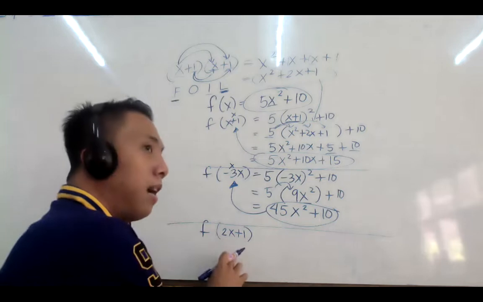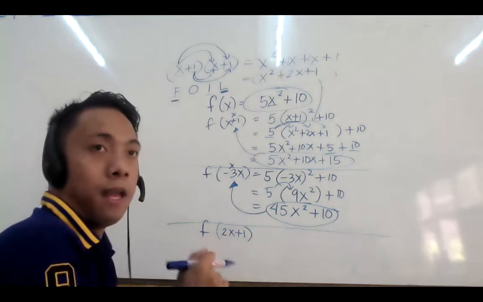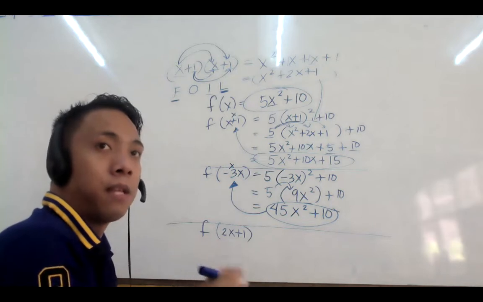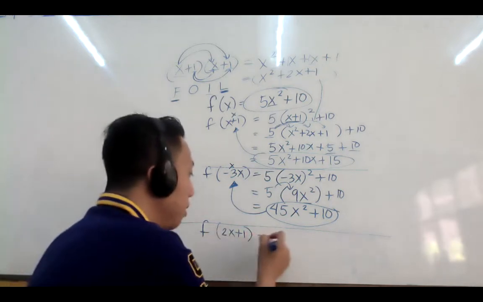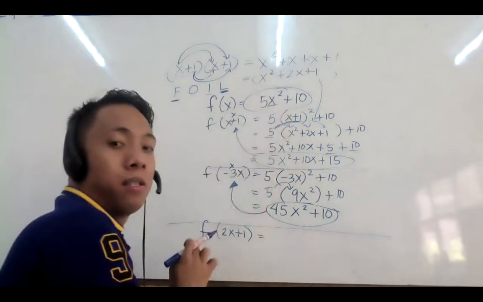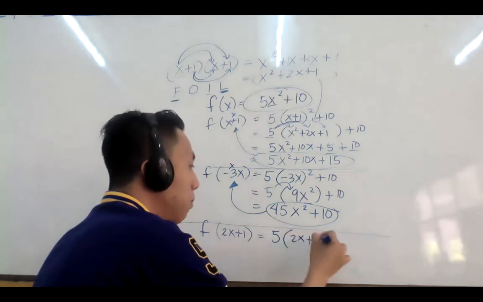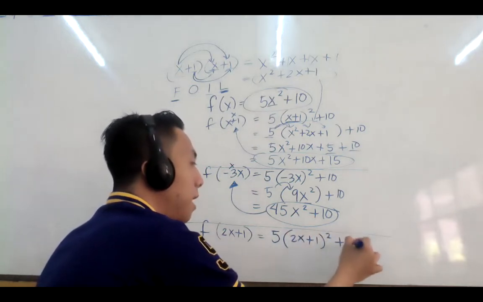Next one, we have here f of 2x plus 1. So we will just change x as 2x plus 1. So I will copy 5 times 2x plus 1 squared plus 10.